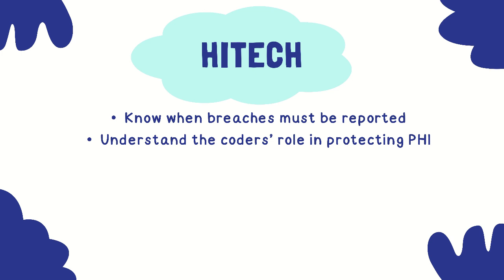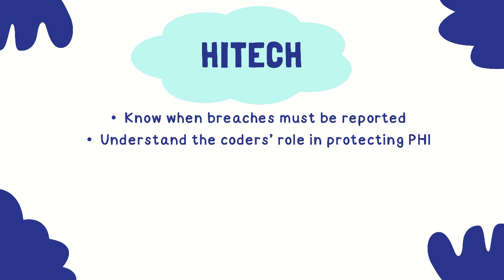But listen, not every incident involving PHI is a reportable breach. One of the things that we can do in terms of seeing if something needs to be reported is we can do a risk assessment, right?